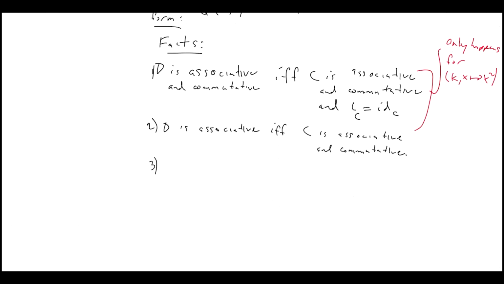All right, and then finally, D is alternative if and only if C is associative.